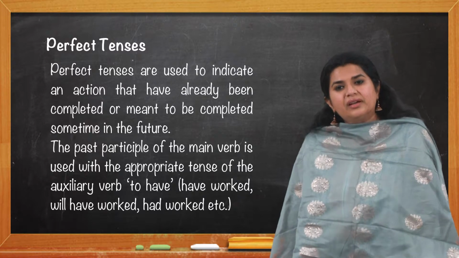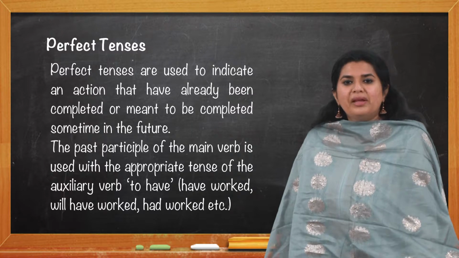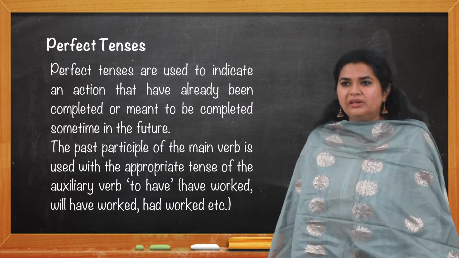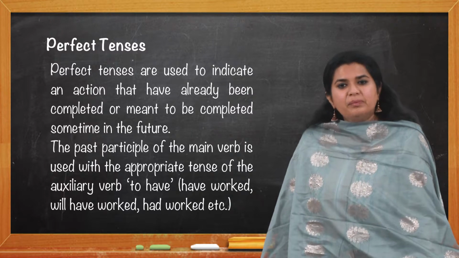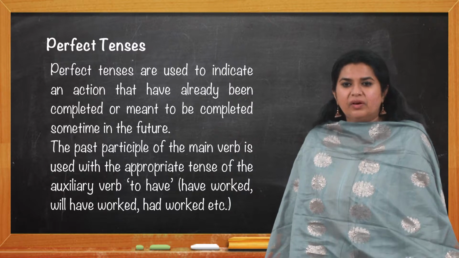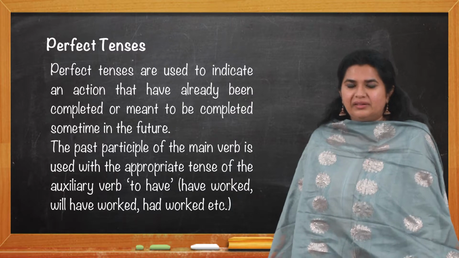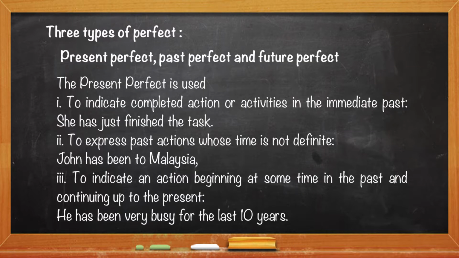Perfect tenses are used to indicate an action that has already been completed or meant to be completed sometime in the future. The past participle of the main verb is used with the appropriate tense of the auxiliary verb to have: worked, will have worked, had worked, etc. There are three types of perfect tenses: present perfect, past perfect and future perfect.